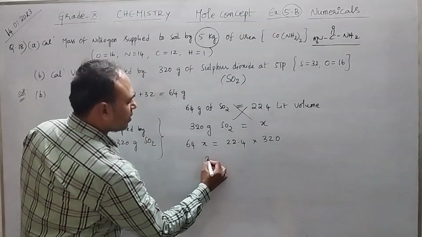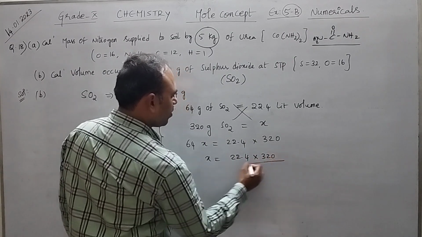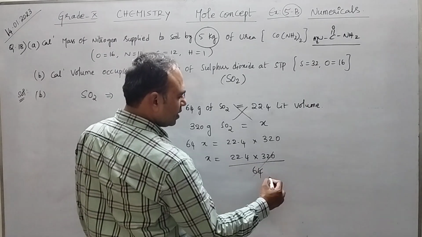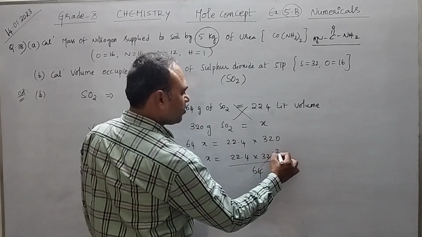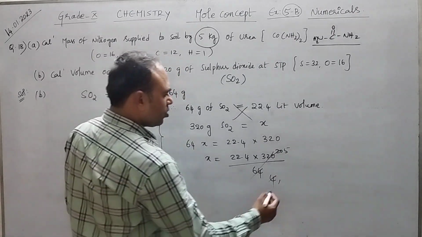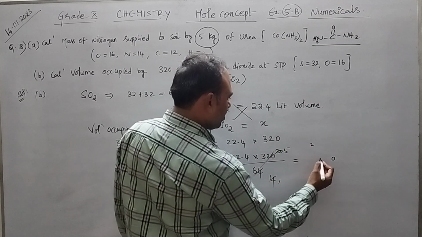Now X is equal to 22.4 into 320 by 64. Taking 16, we can write 16 into 4 and 16 into 20. So 4 ones and 4 fives. So 5 you got. 5 fours are 20. 5 ones are 10, 12.